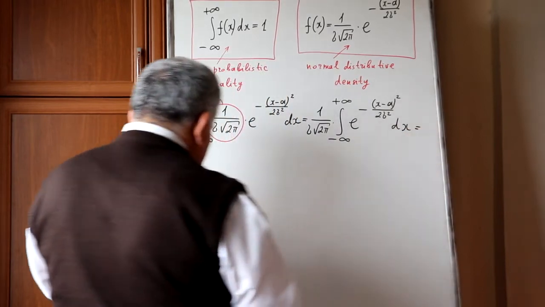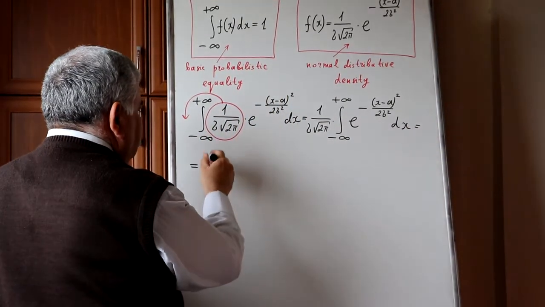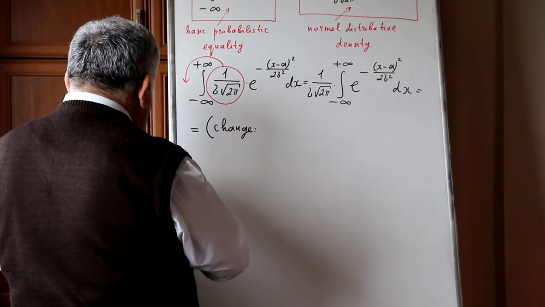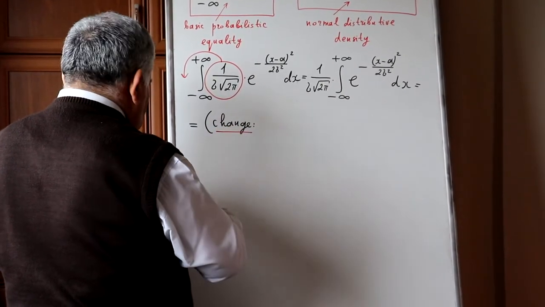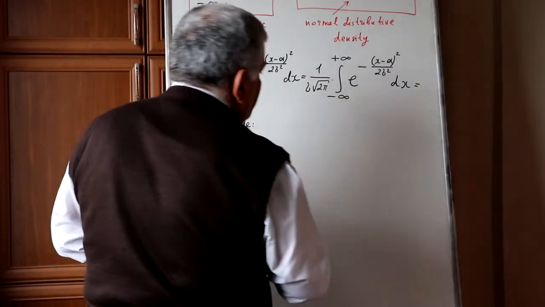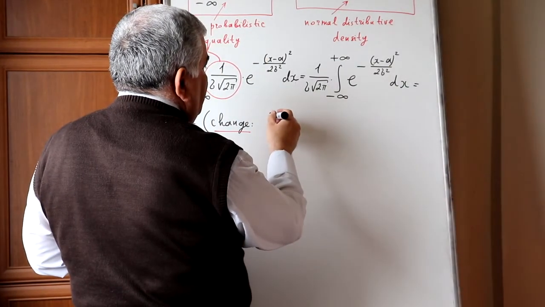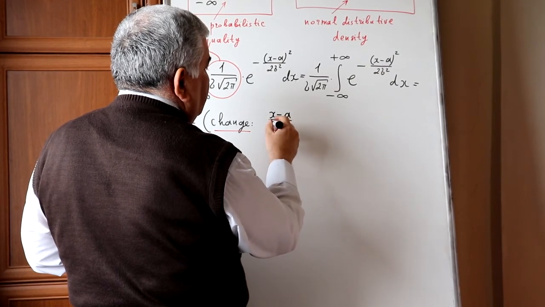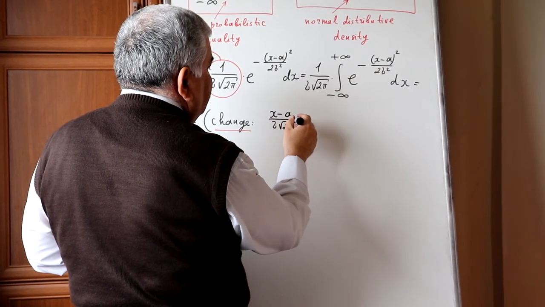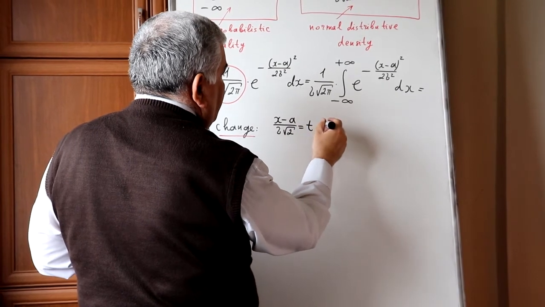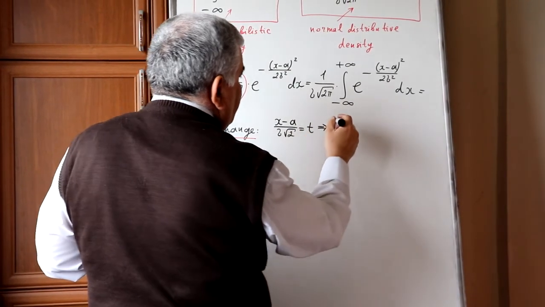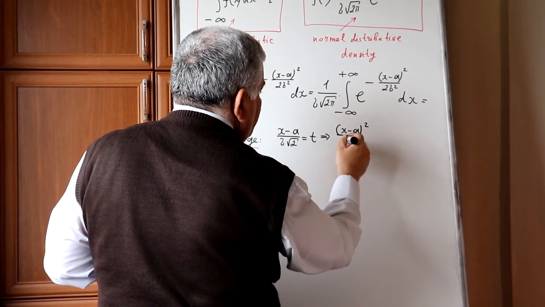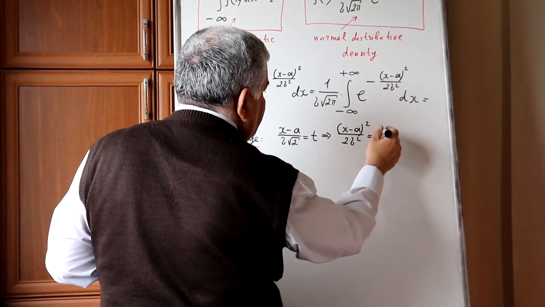Then make the following change. Let x minus a over sigma square root of 2 be t. Then x minus a squared over 2 sigma squared is t squared.